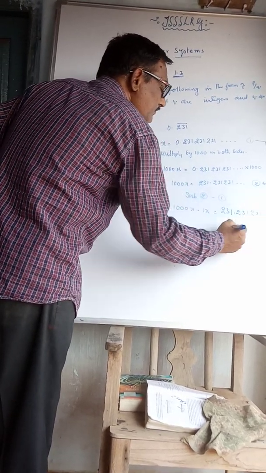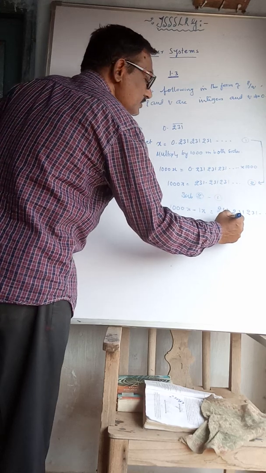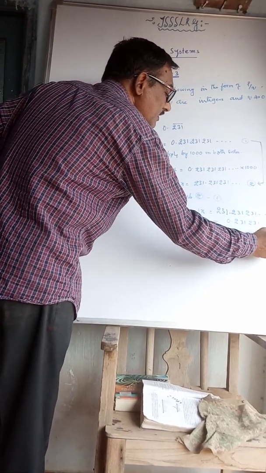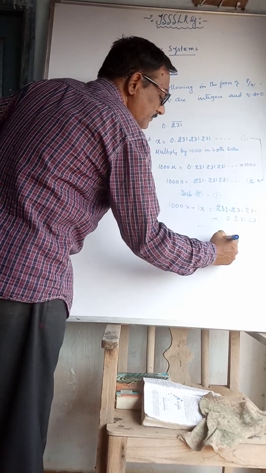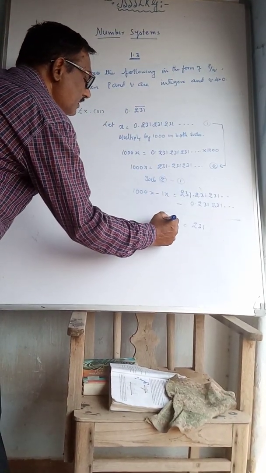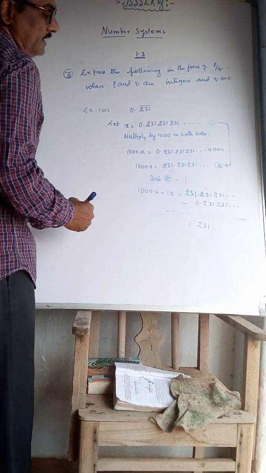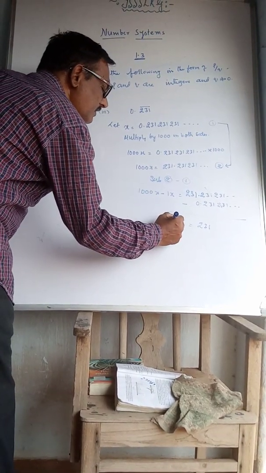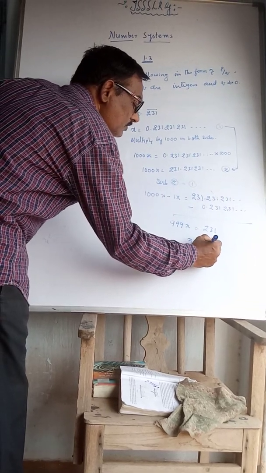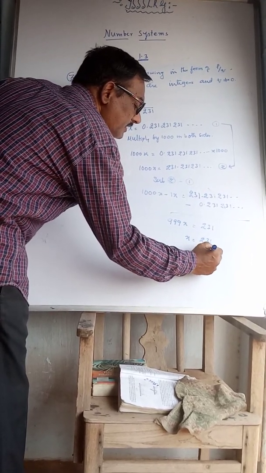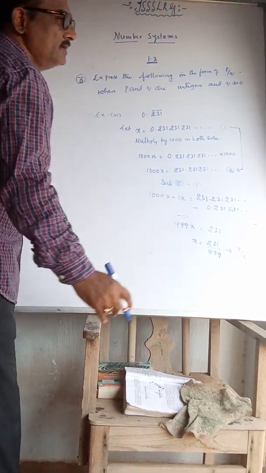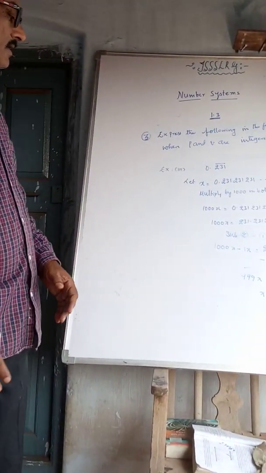231.231 minus 0.231. We subtract both of them such that we get 231. It is 1000 minus 1, 999x. X is equal to 231 by 999. This is the P by Q form. You can simplify or else you can write it the same.